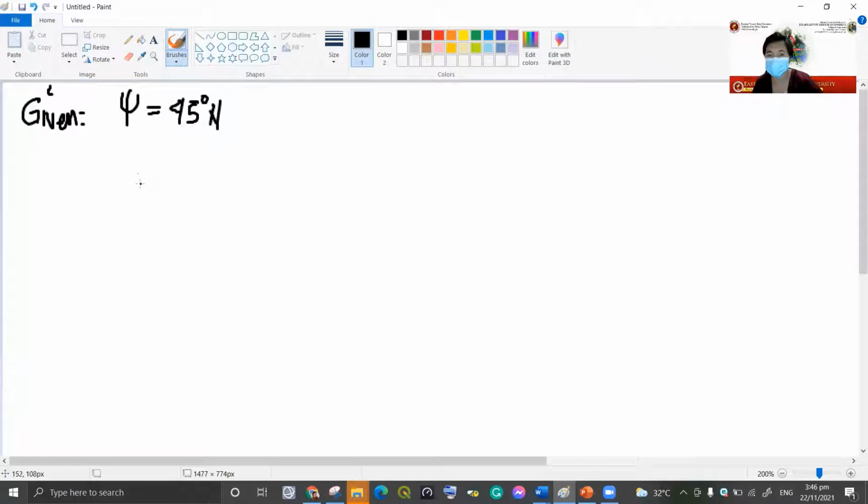Be sure you have an idea what the WGS 84 parameter is. So you are given the WGS 84 parameters A and B. Check your notes. What is the parameter for A?